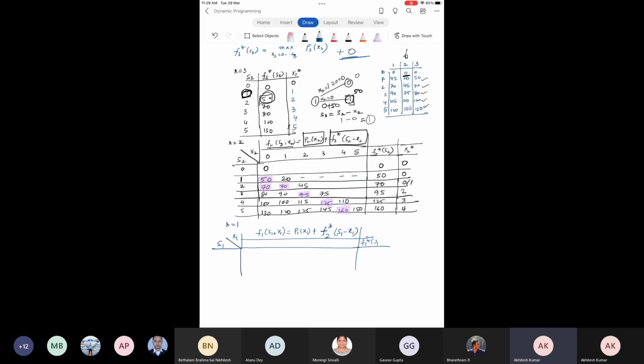Then F1 star of S1 and X1 star. S1 is 5, X1 is 0, 1, 2, 3, 4, 5: 160, 170, 165, 160, 155 and 120. 170 is the highest one.